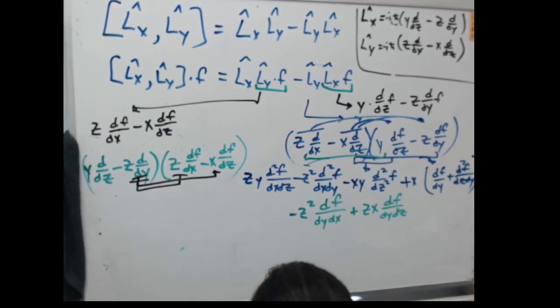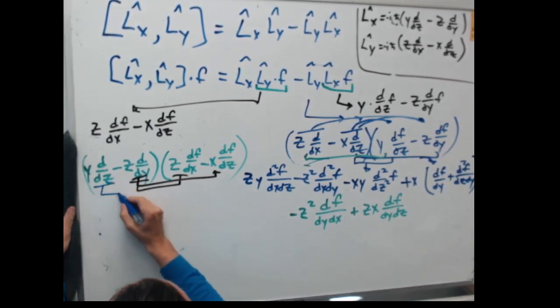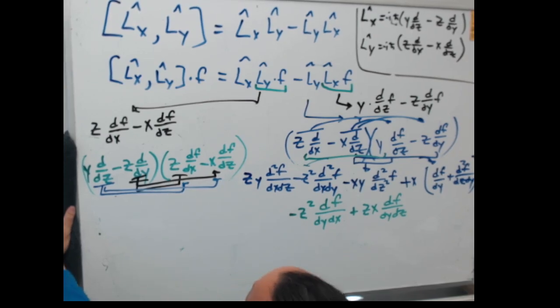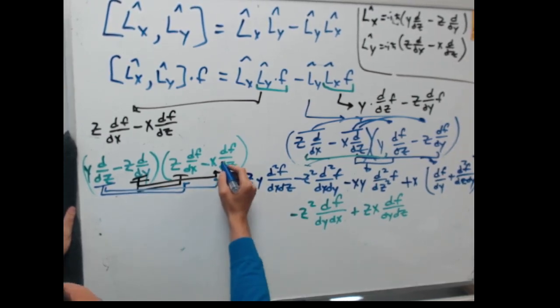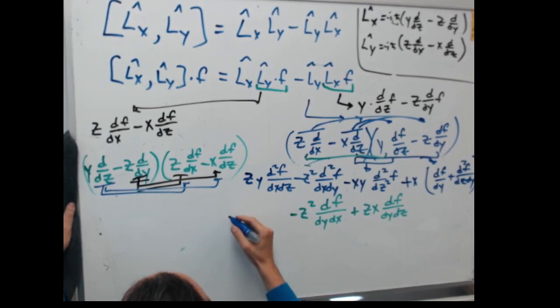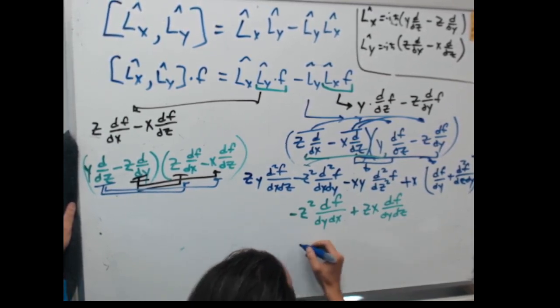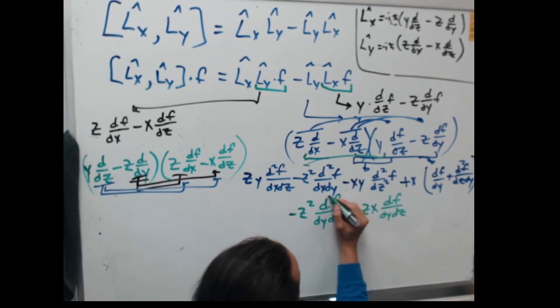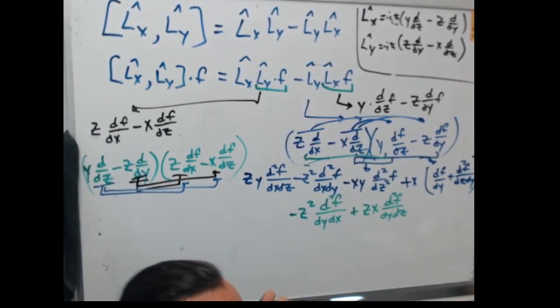Okay, so those were the two easy terms. Now I have to do the two more difficult terms. It's going to be this one and this one. This one is going to be easier. That's going to be a negative. They should both be squared now. Yeah, sorry. Thank you.